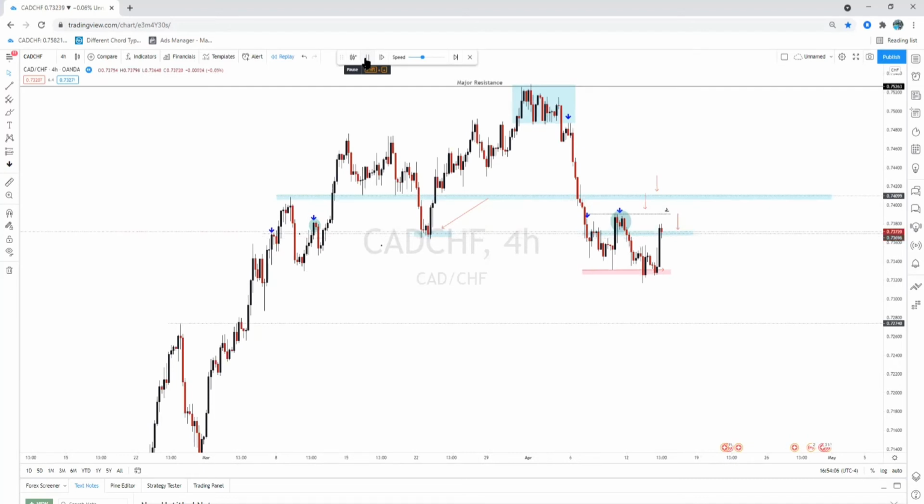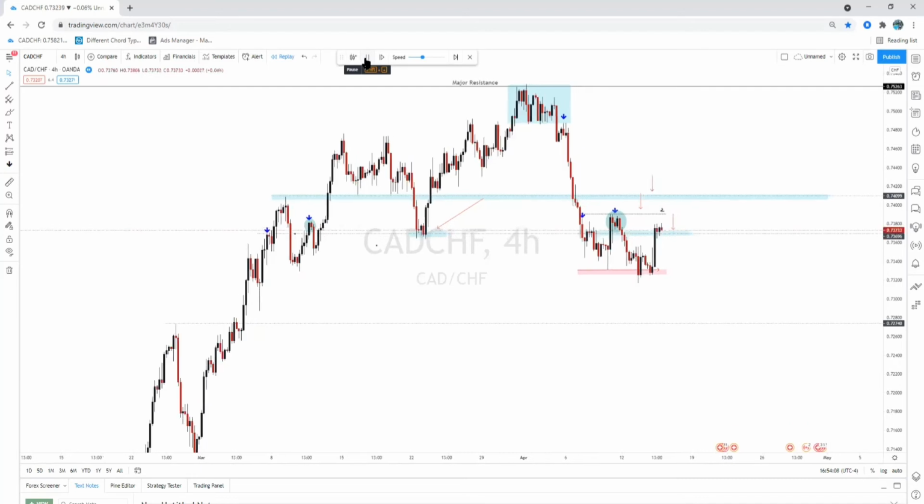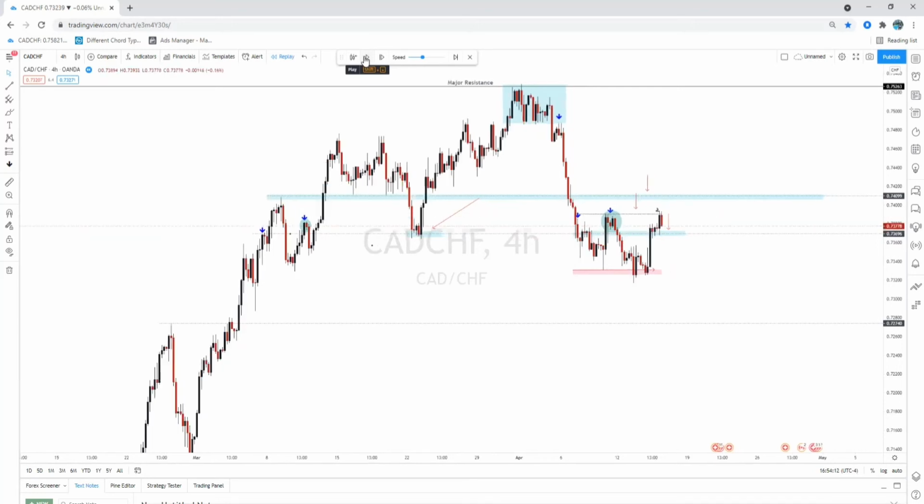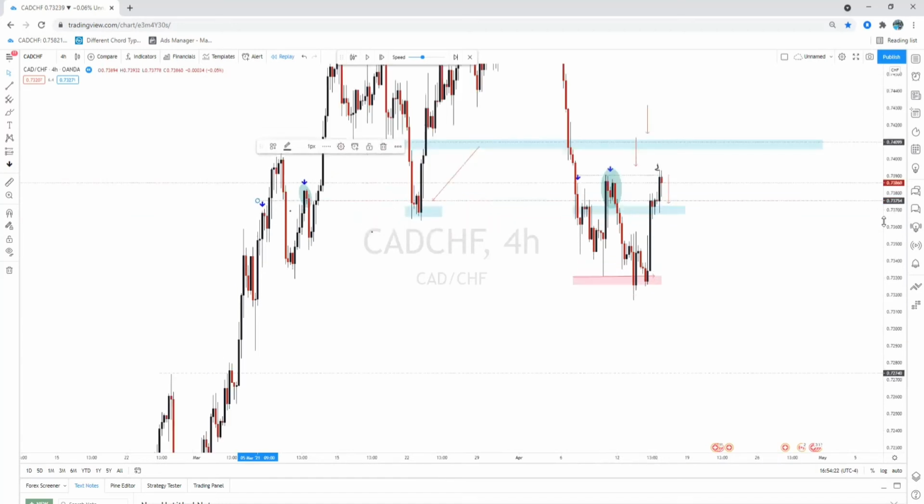No closed candlestick, no engulfing pattern, push to the upside. We had to draw a minor resistance. Let me zoom in so that you can see.